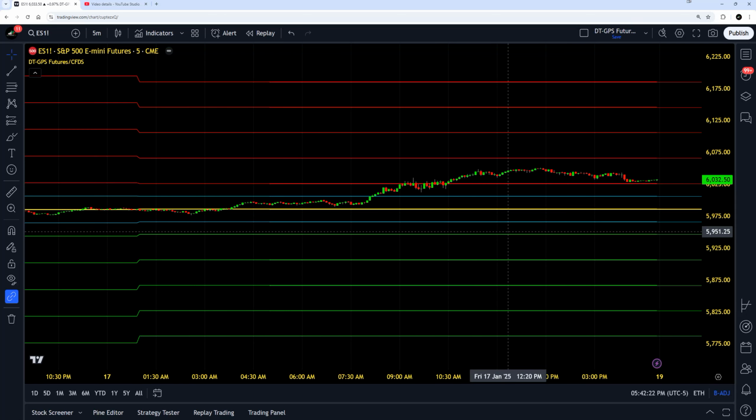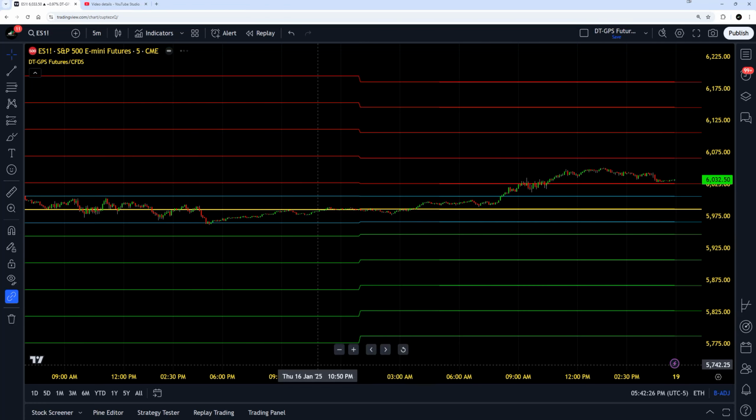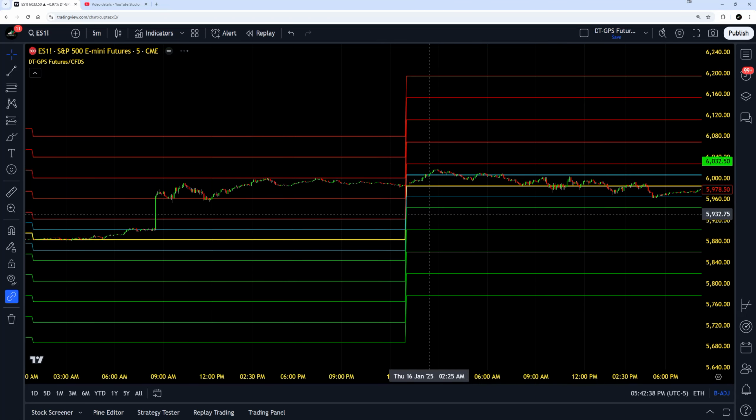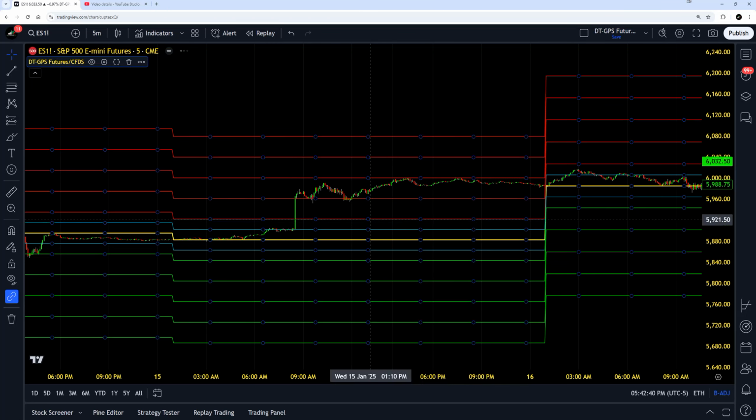But you can squinch up the chart. Just keep in mind, if you have 5 minutes, there's going to be a lot more bars, so it may be harder to read many days at one time. So maybe 1 or 2 days at a time when you have it on a 5 minute.